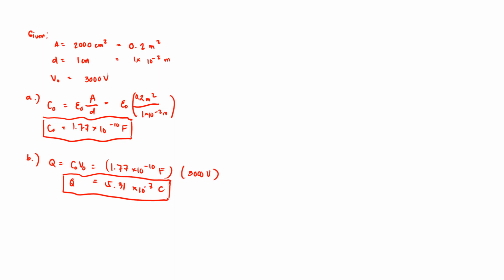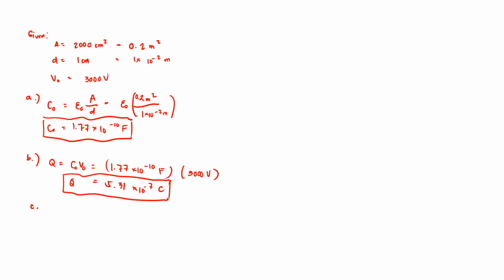Now, for letter C, we are to find the capacitance after the dielectric is inserted. What we have known so far is the area of the plate and the separation distance, but we do not know what material was inserted.